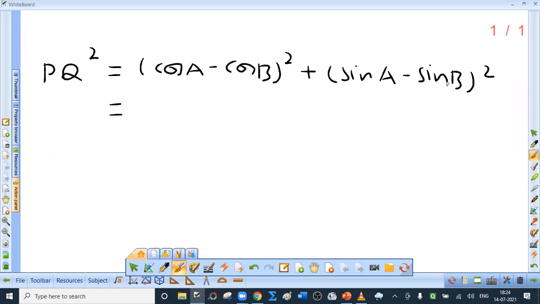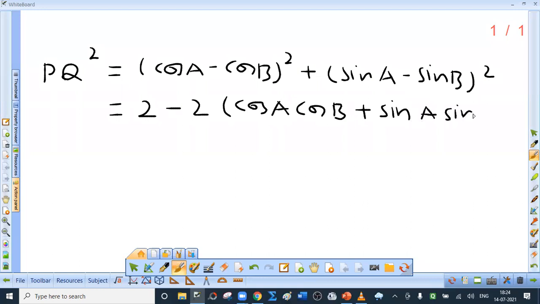Cos square B plus sin square B. Addition is 1. So it is 2. Okay. Now here it is minus 2 cos A cos B. Here it is minus 2 sin A sin B. So if I take minus 2 common, what I get is 2 minus 2 times (cos A cos B plus sin A sin B). This is what? PQ square. Okay. This is number 1.